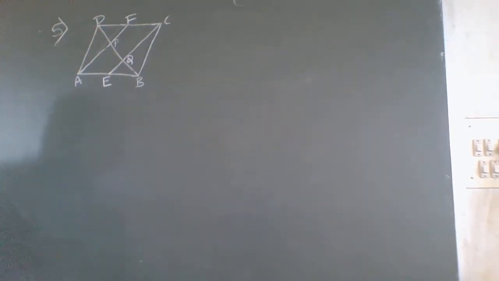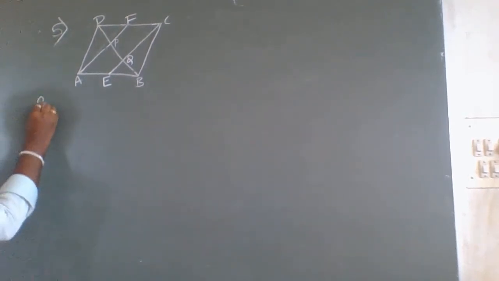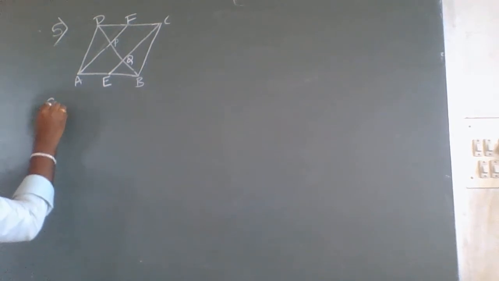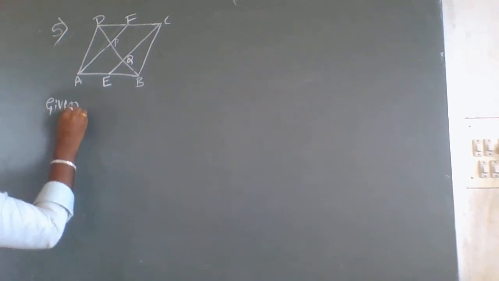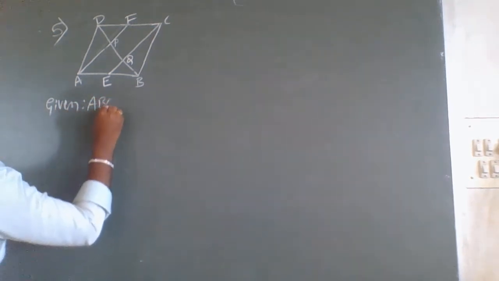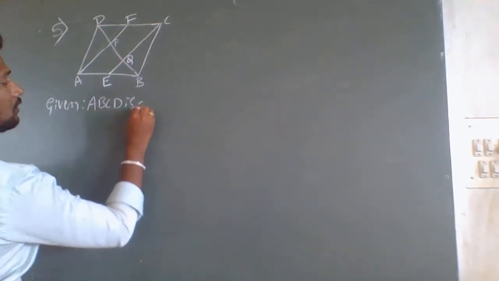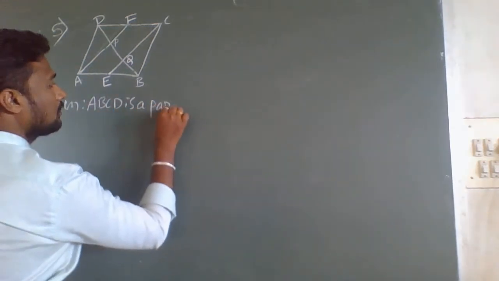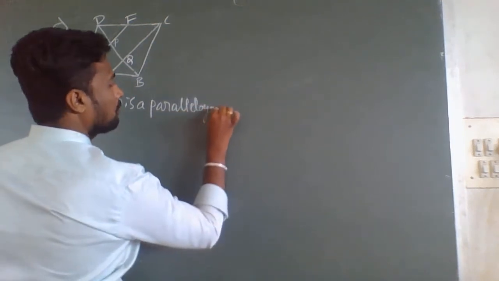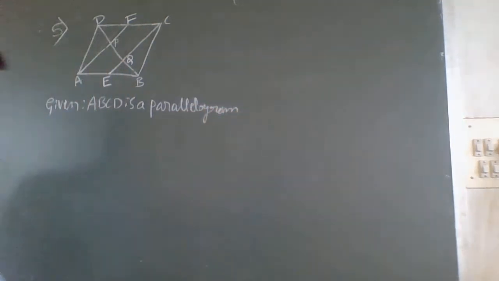So to prove this, first we will write what they have given. ABCD is a parallelogram.